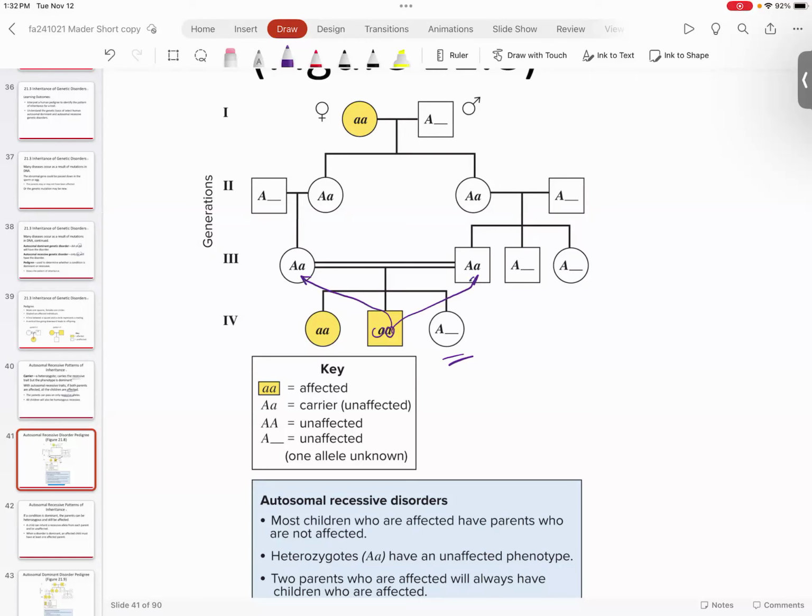So that means that at the very least, mom and dad are heterozygous. In this case, that's what they are, because they're not affected. Generally speaking, this will tell you that these individuals are carriers. And so you can do this type of analysis and track this back through the family.